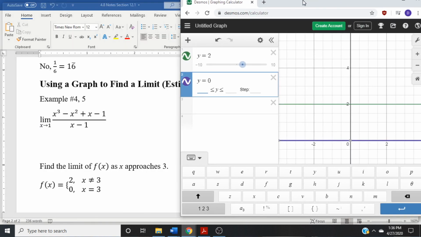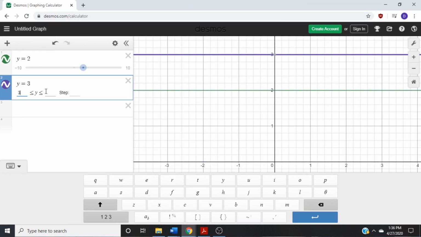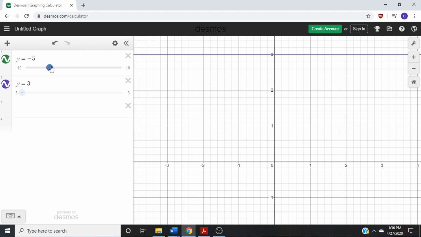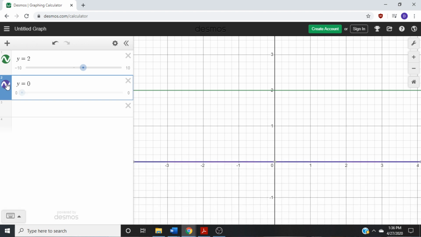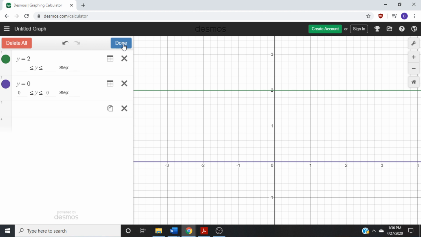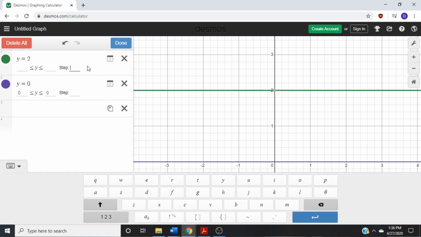This is when x equals 3. How do we do this? Okay, I don't think we can do it.